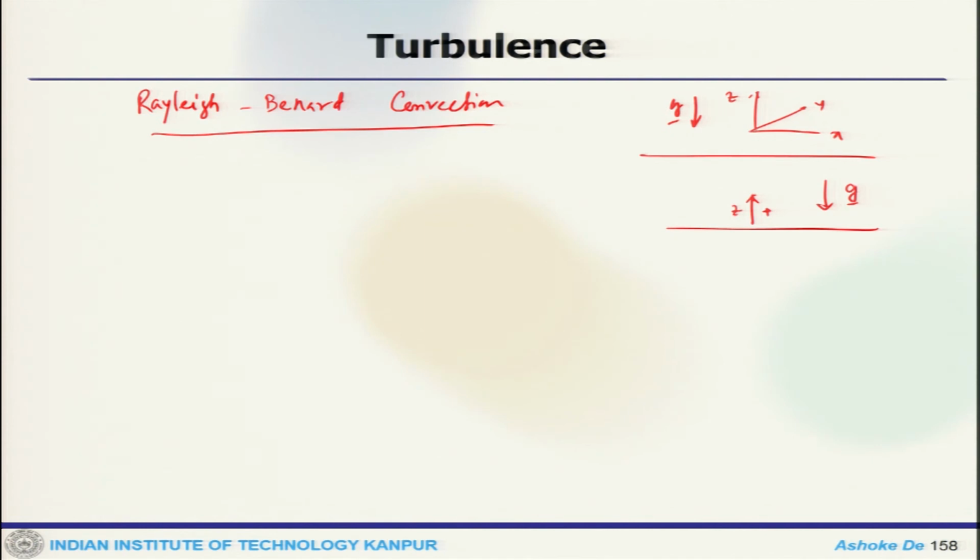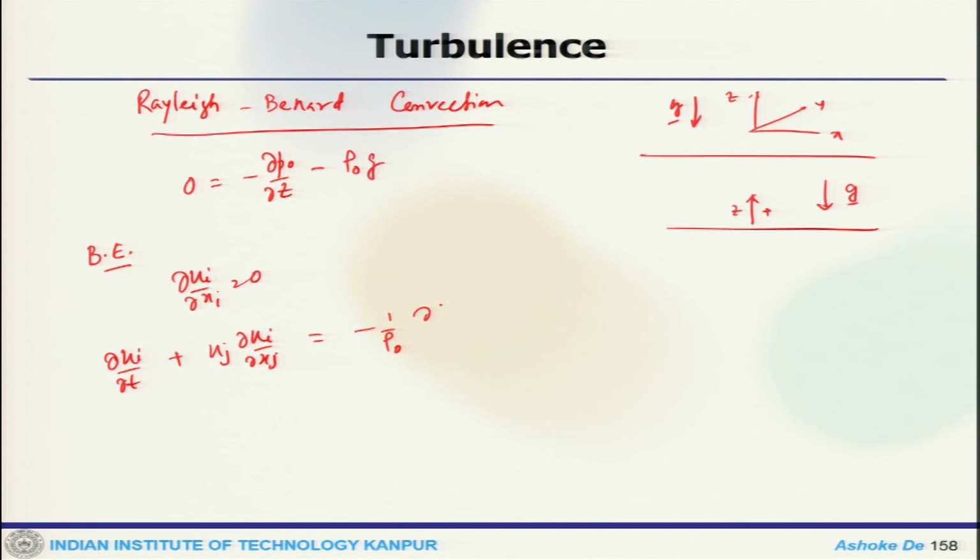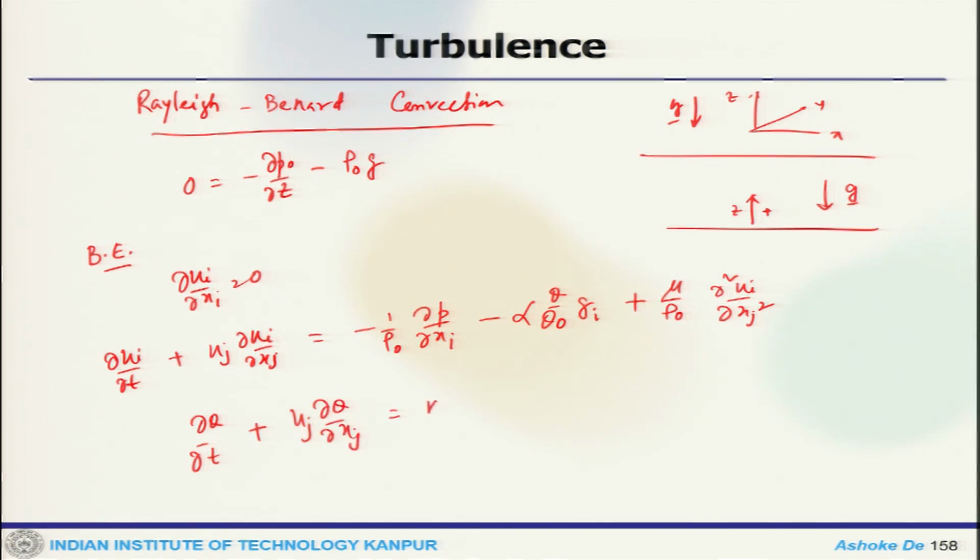Now, here Boussinesq approximation would be required. So, the temperature variation is connected with the pressure and hydrostatic variation, which is like this, and the Boussinesq equations we write del ui by del xi equals 0, del ui by del t plus uj del ui by del xj equals minus 1 by rho del p by del xi minus alpha theta by theta naught gi plus mu by rho 0 del square ui, and del theta by del t plus uj del theta by del xj equals kappa del 2 theta by del x square.